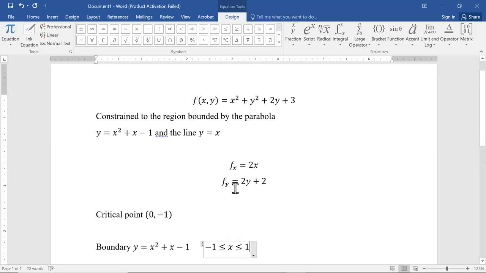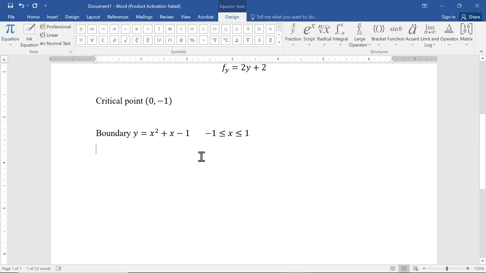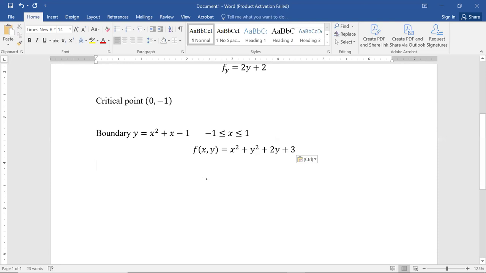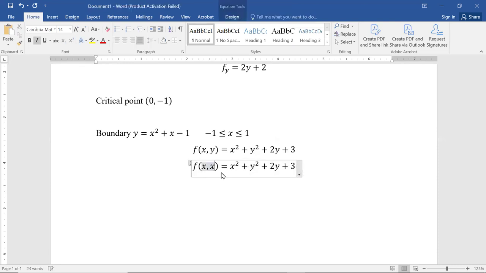All right, so here's my function. I'm going to plug in x squared plus x minus 1 everywhere I see a y.